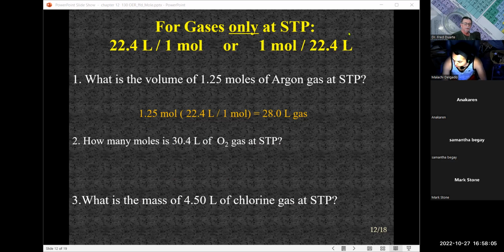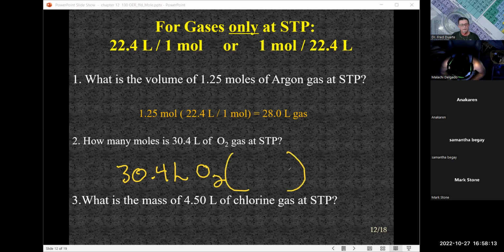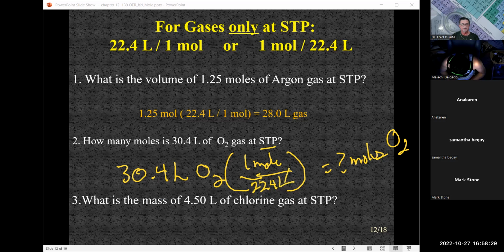Next one is, how many moles is 30.4 liters of O2 gas at STP? So we can continue with that relationship. We have 1 mole over 22.4 liters. Liters cancel. The fact that you are at 30.4 liters should tell you that your answer is definitely going to be greater than 1, because 1 mole occupies 22.4 liters, and you are a little less than 8 liters more.